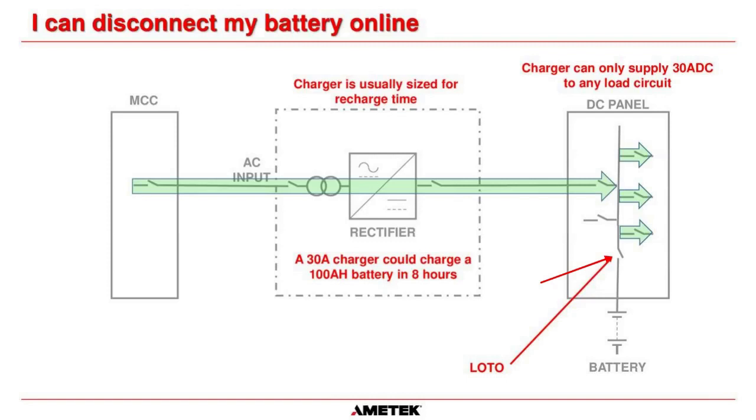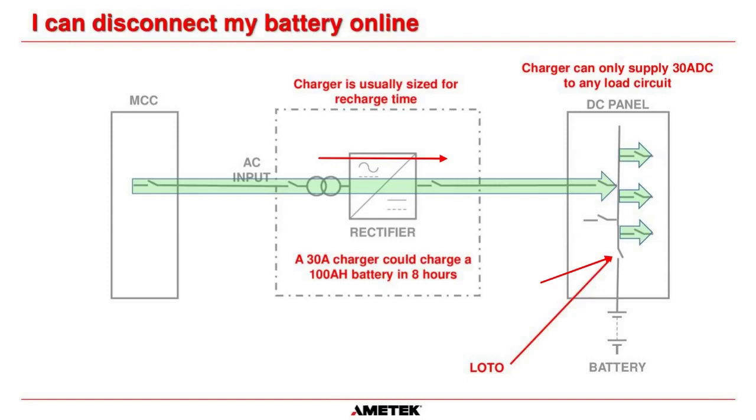So remember, they put in a 30 amp charger solely to recharge the batteries back up in 8 hours. Now, if you remove that battery, we only have 30 amps available from this charger rectifier here. Let's say we are supplying switchgear tripping and closing circuits.